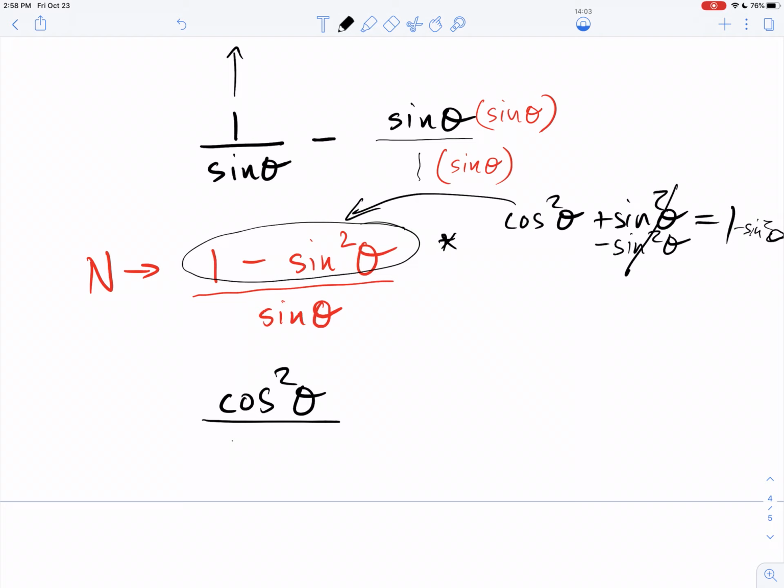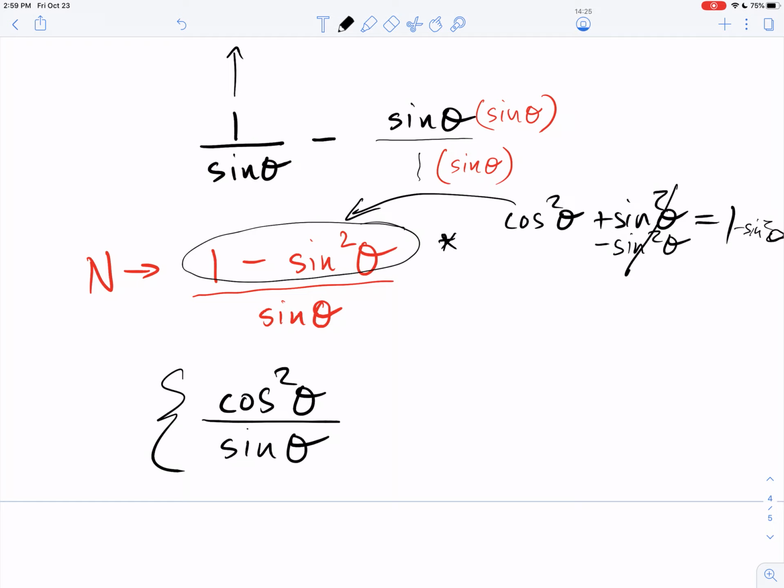So this whole top part becomes cosine squared theta. What's on the bottom? I never changed the bottom. It's sine theta. Now, here's the thing. It's pretty, but it's breaking the rule they set forth. They said, hey, guess what? We don't want any quotients in our answers. And this right here is a quotient. It is.